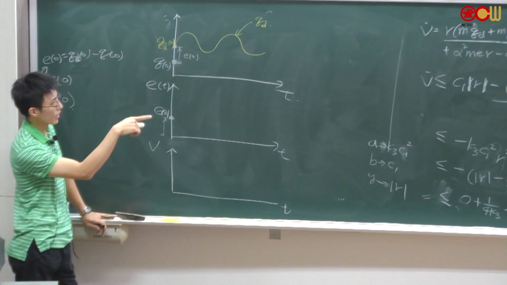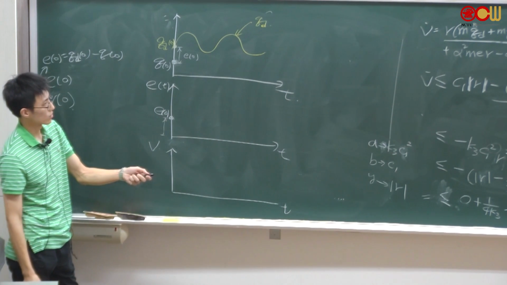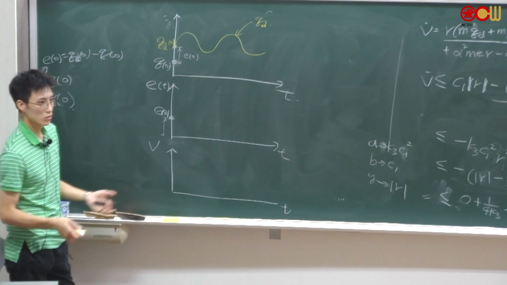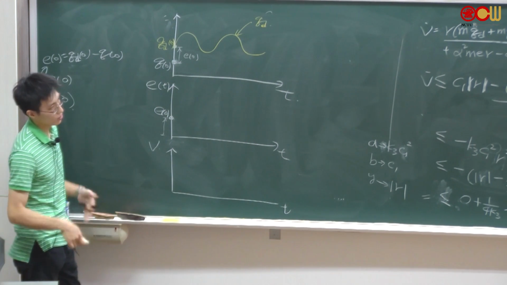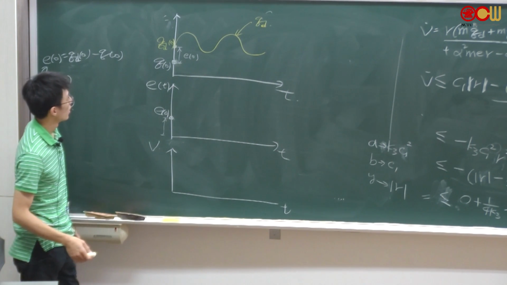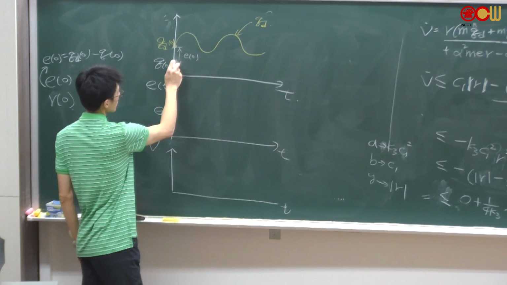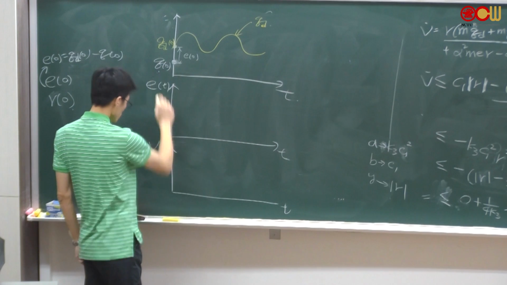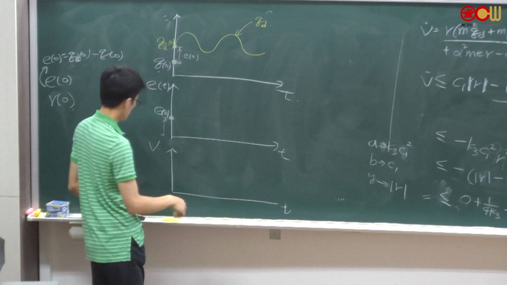And you implement the controller, right? You implement these controllers in your closed loop dynamics, in your system, and you get closed loop dynamics. So you don't know the solution of Q, but the analysis tells you that E will eventually be bounded.